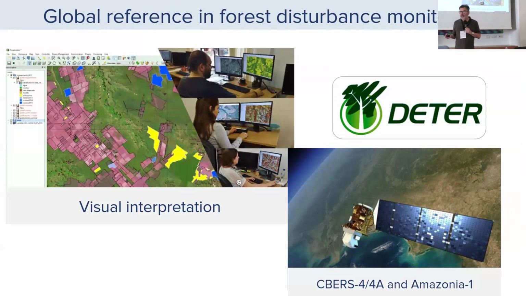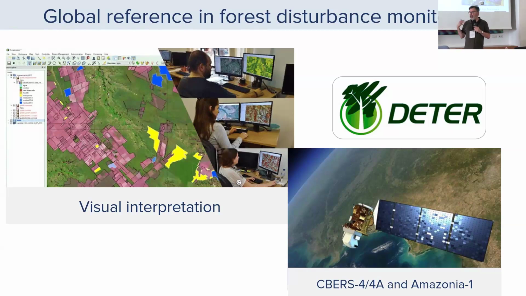DETER is a real-time system, which is a current global reference on forest disturbance monitoring. And DETER has been going on for 20 years now, and it currently uses optical data and visual interpretation, using data from Brazilian satellites, the CBERS, China-Brazil Earth Resources Satellite 4 and 4A, and the Amazonia 1 satellite, because these three satellites carry a wide swath imager, which covers 800 kilometers with a 60-meter resolution.